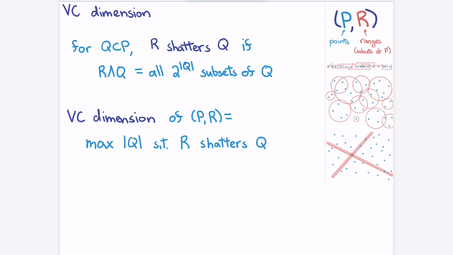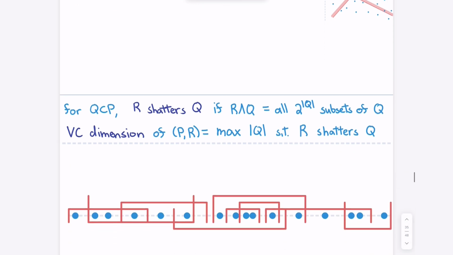Okay. So the VC dimension is the maximum cardinality of any point set such that R shatters that point set. Okay. So sort of weird definition, but let me give you maybe an example.